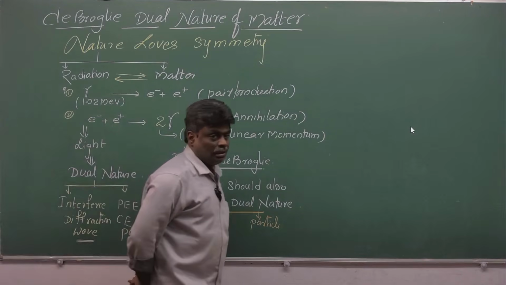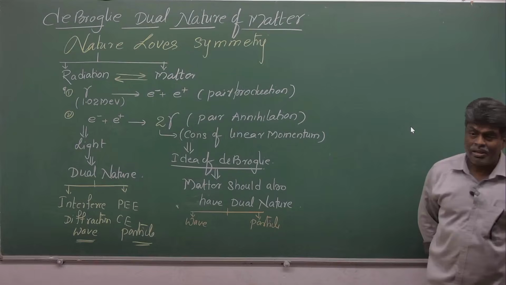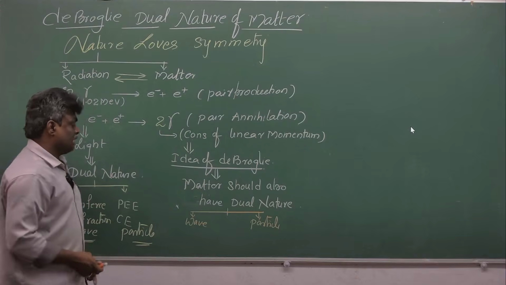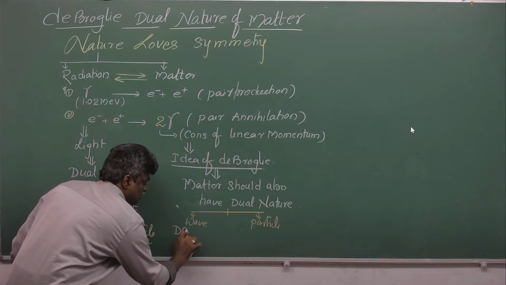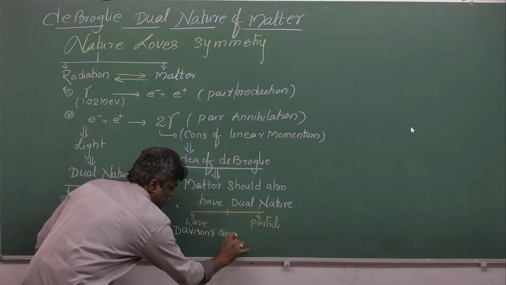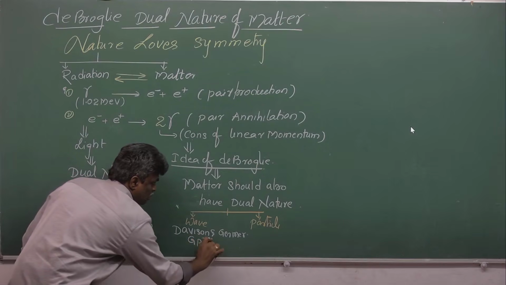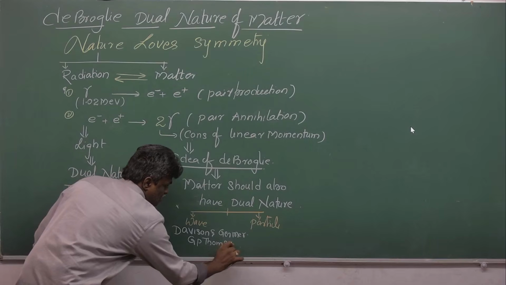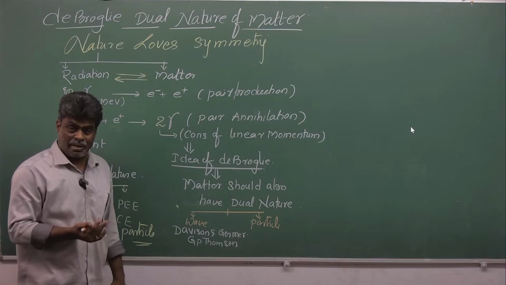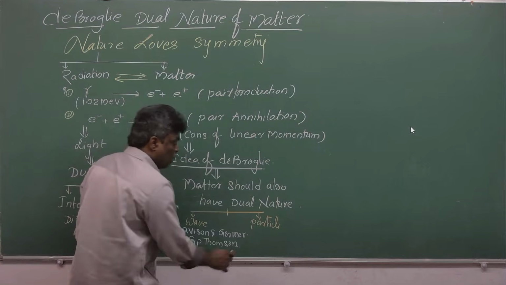Which of the following experiments confirm the wave nature of matter? Davisson and Germer experiment, and one more, G.P. Thomson. Who is G.P. Thomson? J.J. Thomson got the Nobel Prize, G.P. Thomson also got the Nobel Prize. Particle behavior of matter: counters.